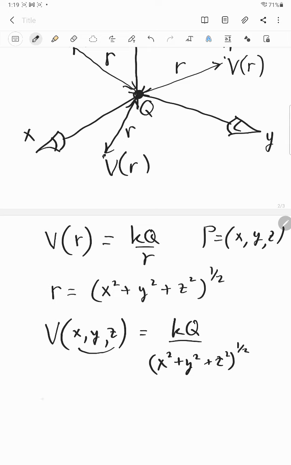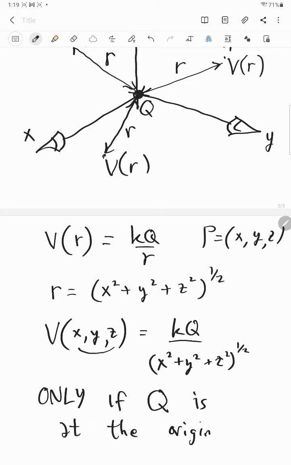But let me caution you really quickly, this is only if Q is at the origin, right?